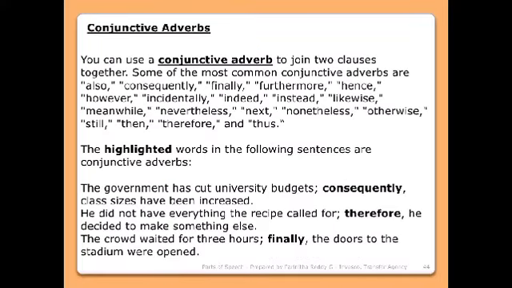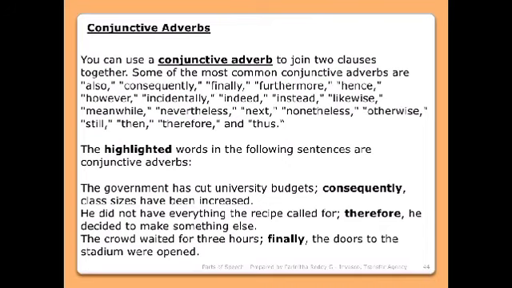Conjunctive adverbs. You can use a conjunctive adverb to join clauses together. Some of the most common conjunctive adverbs are also, consequently, finally, furthermore, hence, however, incidentally, indeed, instead, likewise, meanwhile, nevertheless, next, nonetheless, otherwise, still, then, therefore, and thus.